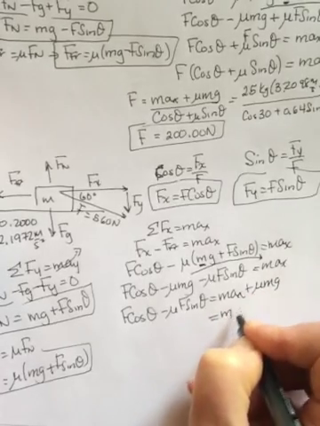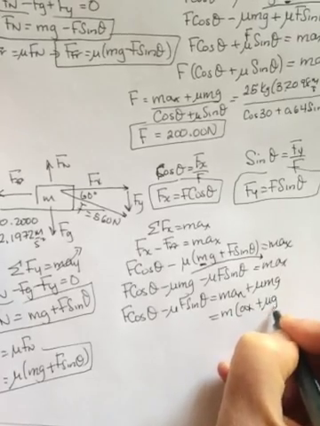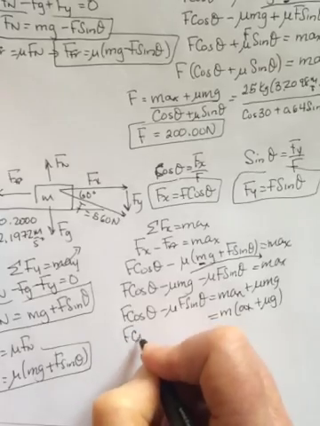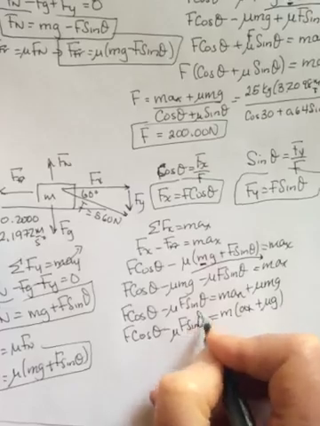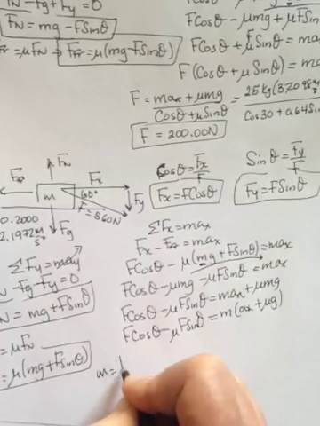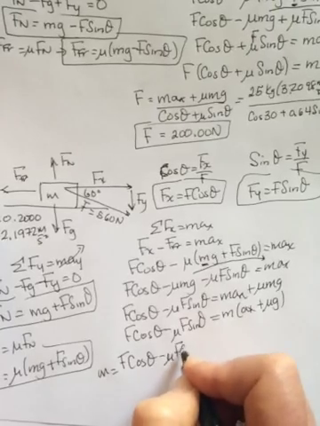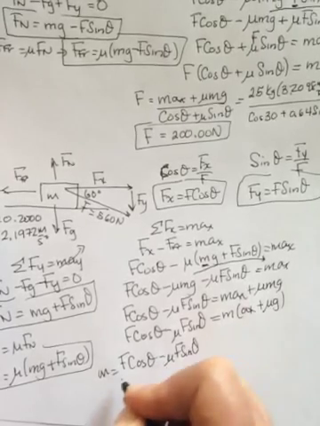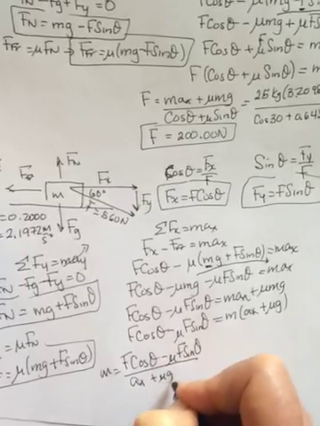Pull out your m, so you'll be left with ax plus mu g, and now you're going to divide by that bracket to get your m. This side doesn't change. Okay, so m will be equal to F cos theta minus mu F sine theta divided by ax plus mu g.